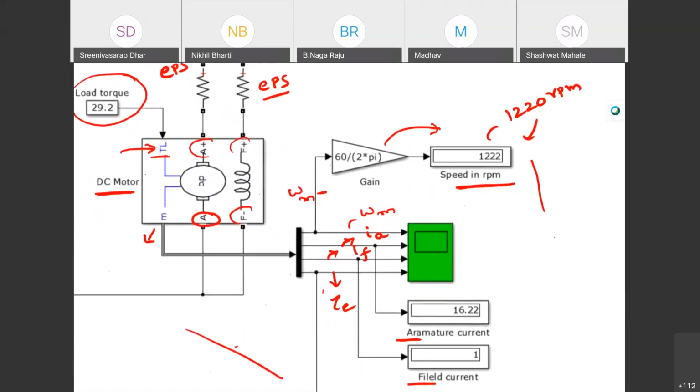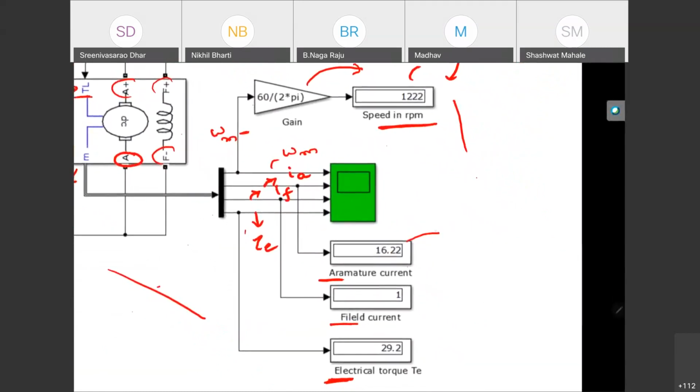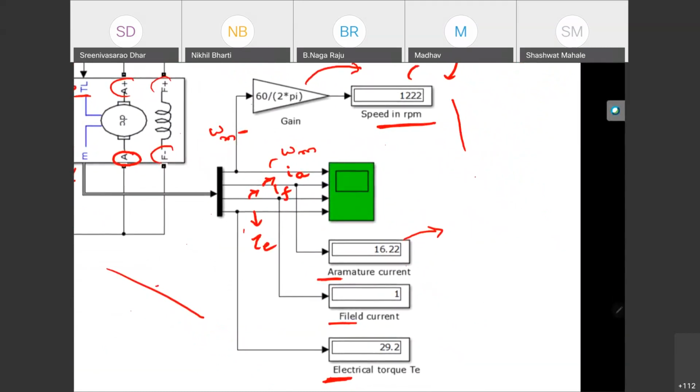The armature current, in our case, I think we got somewhere around 16.6, so roughly the value matches here. This is the field current, and this value also matches. This is the torque, which is 29.2; I think we got somewhere around 29.5 or 29.6. So roughly all these values match our design.